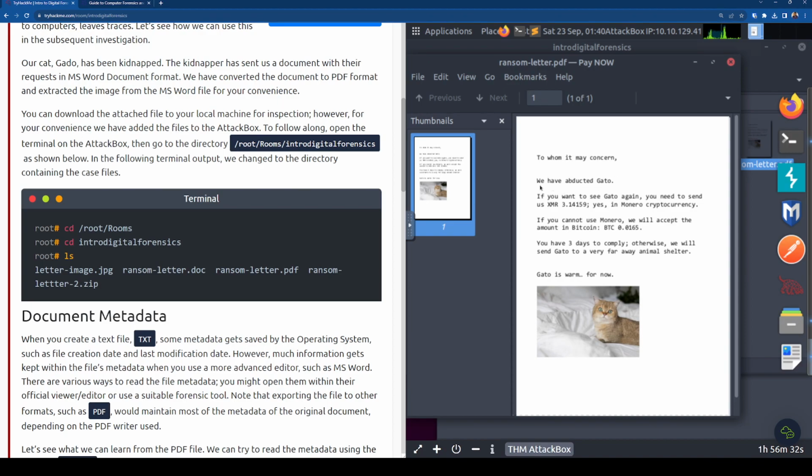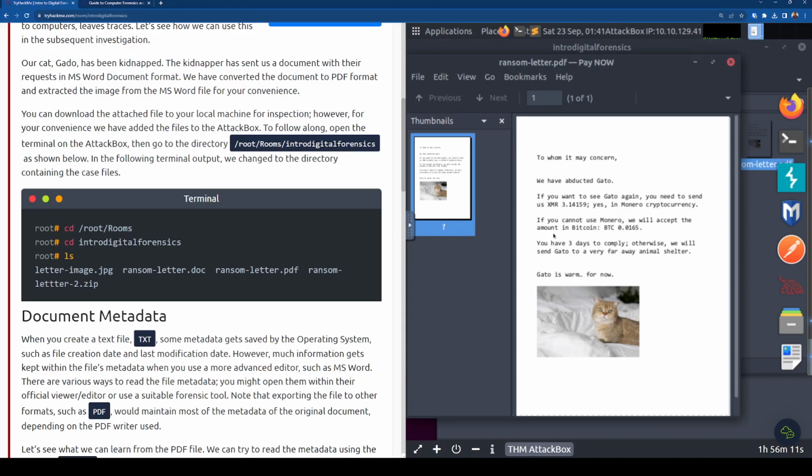To whom it may concern, we have abducted Gato. If you want to see Gato again, you need to send us something, XMR pi. That's pi. Yes. In Monero cryptocurrency.